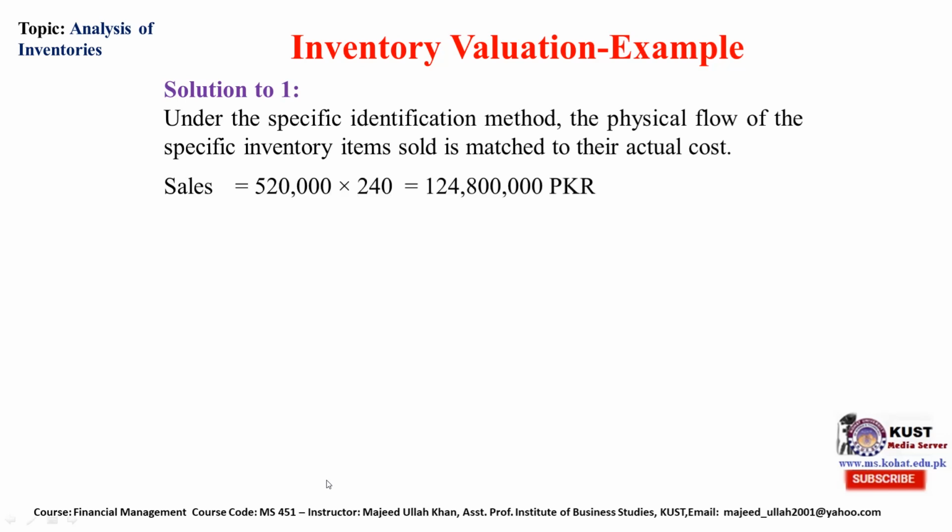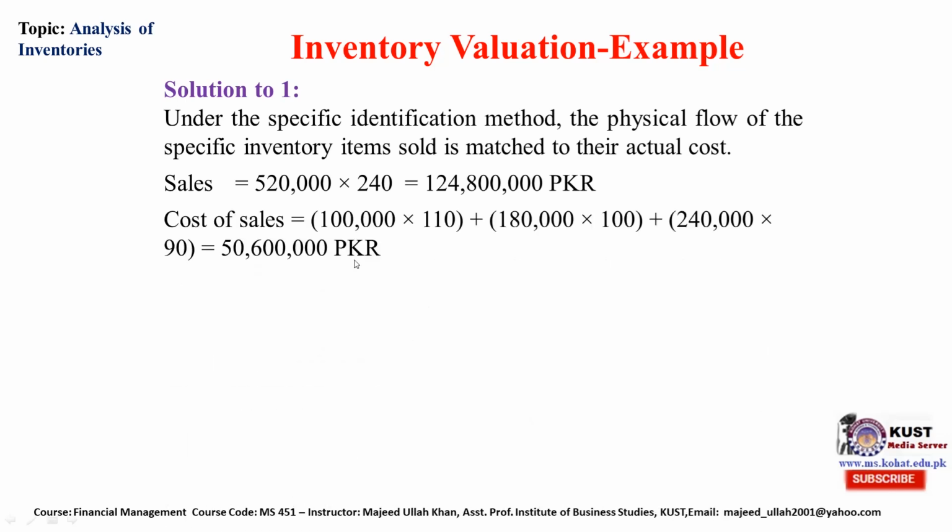Now, sale is 520 units or kg multiplied by 240, that is 124,800 rupees. For cost of goods sold, since 100 is from the first shipment, the first shipment cost 110 rupees per kg. 180 is from the second, which cost 100 rupees per kg, and 240 is from the third shipment, which cost 90.